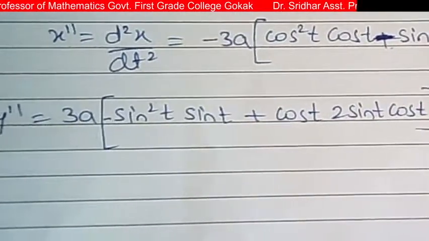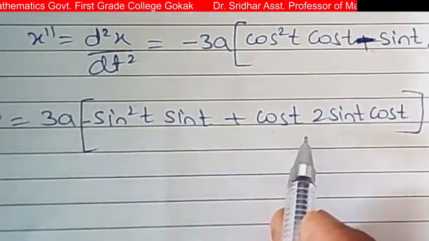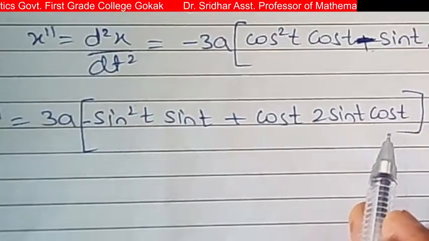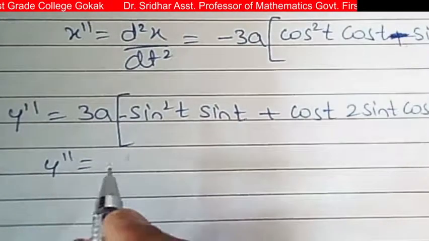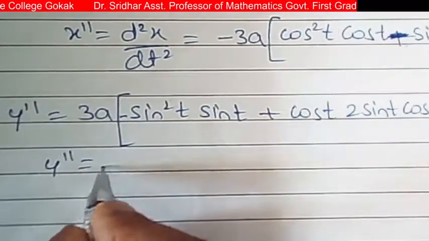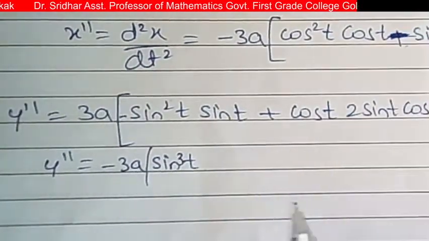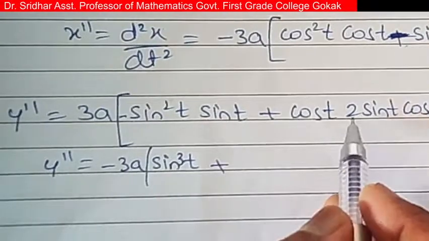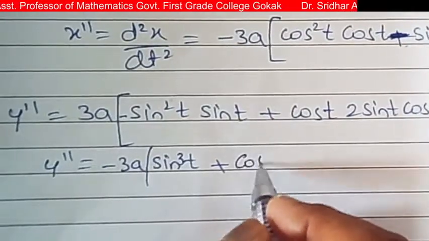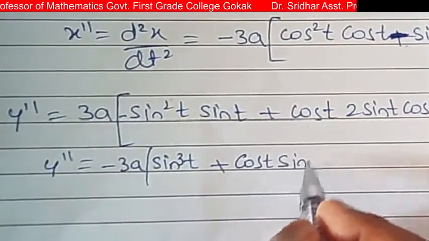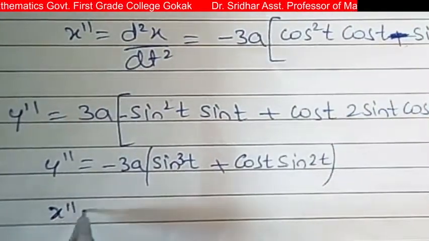So y double dash is 3a into minus sin cube t plus 2 sin t cos square t. Simplifying further, it is sin 2t.